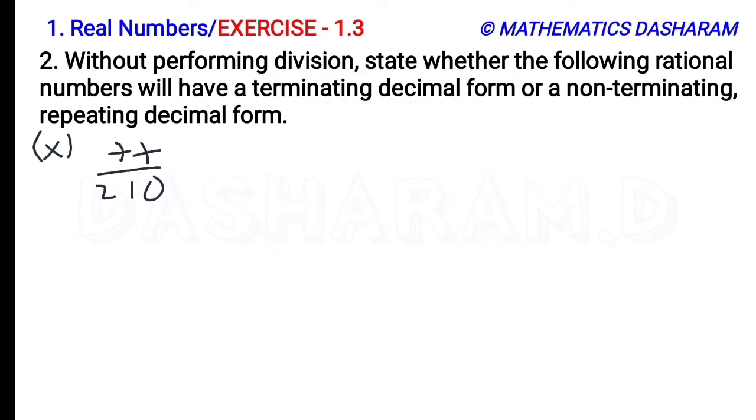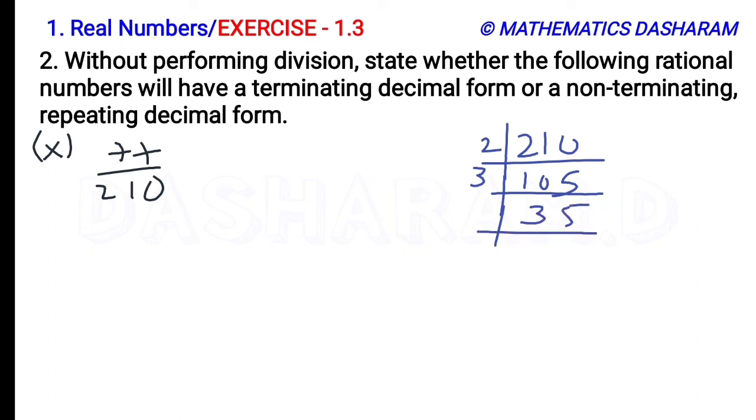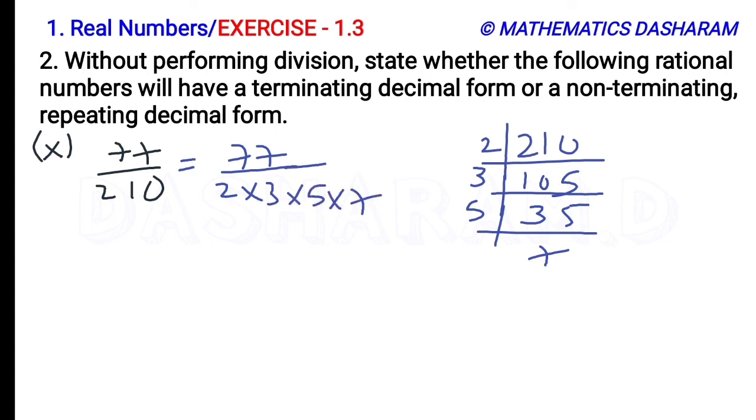10th question, 77 divided by 210. So here 210: 2 table, 2 1s are 2, 2 5s are 10. Next 21: 3 table, 3 3s are 9, 3 5s are 15, 3 7s are 21. Next 35: 5 table, 5 7s are 35. So 77 divided by 2 into 3 into 5 into 7. But here 7 is dividing the numerator.